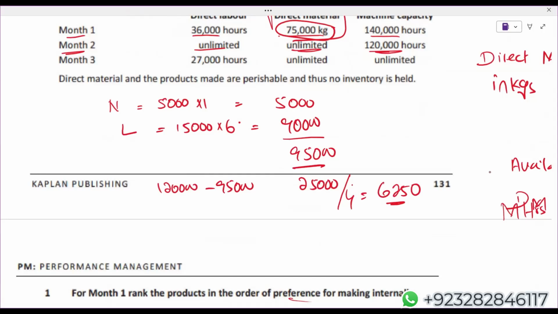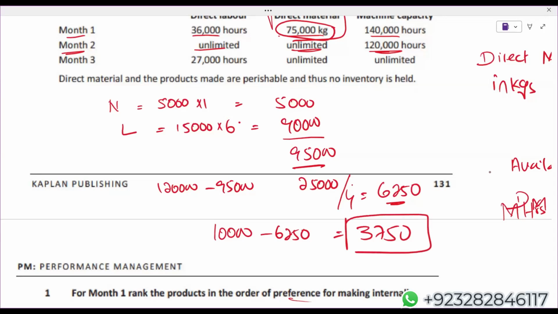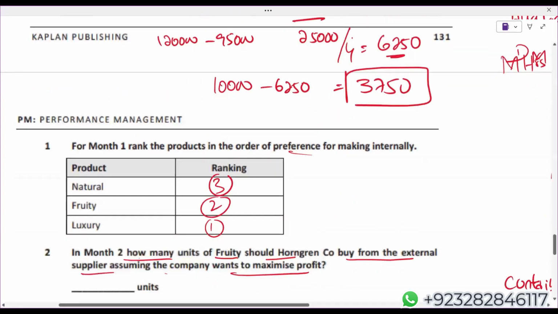Internally, we can maximum manufacture 6250 units of fruity. But the demand is 10,000. So how many units we need to buy externally? 10,000 minus 6250, I'll get 3750. So we can directly calculate this 3750.